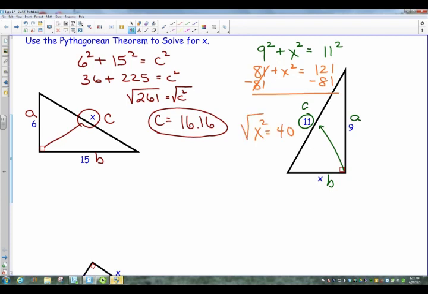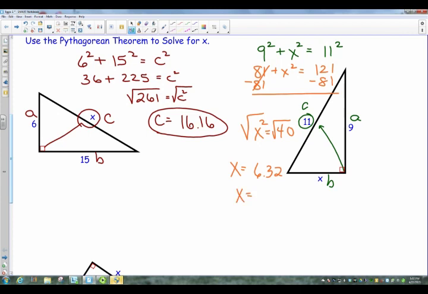And then we take the square root to solve this. So you've got x squared equals, that's x equals. Now there's two ways you can do this. You can put this through your calculator, and really it depends on what application you're using. So if you take the square root of 40 out of a calculator, you're going to get 6.32. But we can also simplify this, and we've seen these earlier this year.